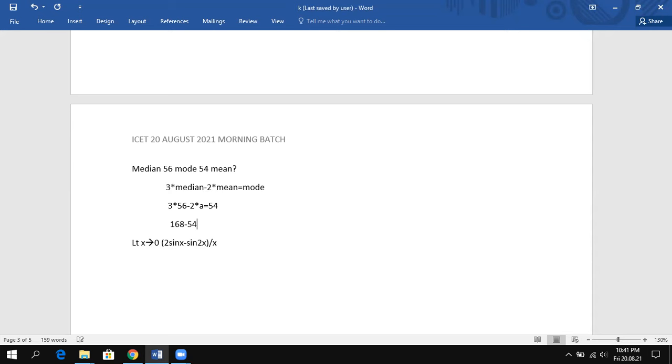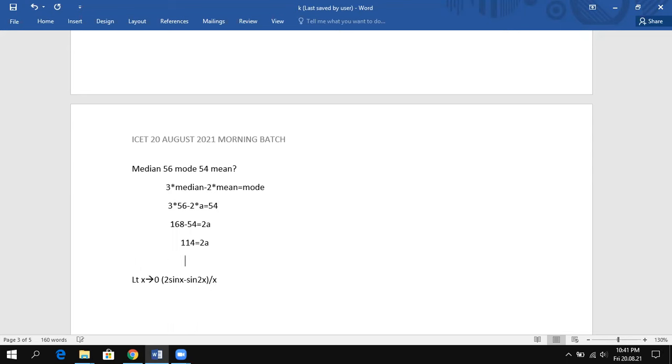So 168 minus 54 is equal to 2a. 168 minus 54 is 114, which is equal to 2a.